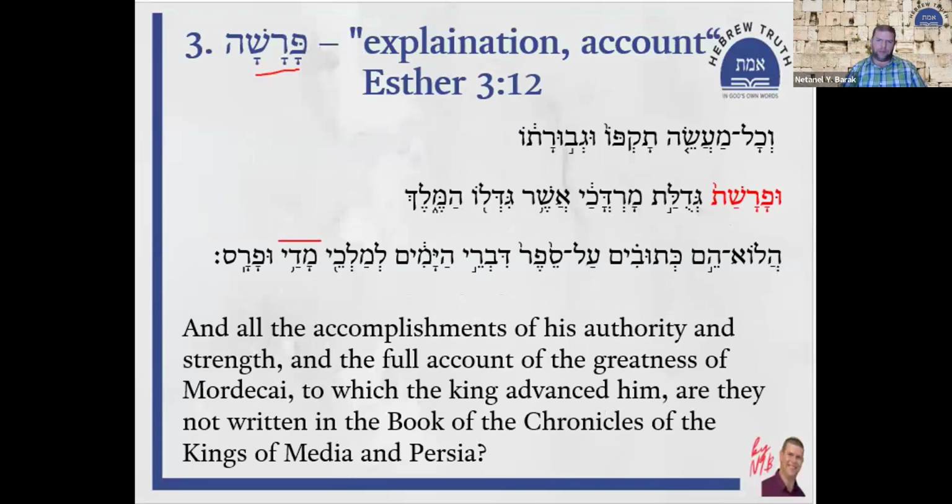Let's see another word, the word parasha. The modern Hebrew use of this word is twofold. First of all, parasha is the name we call the weekly portions of the Torah.